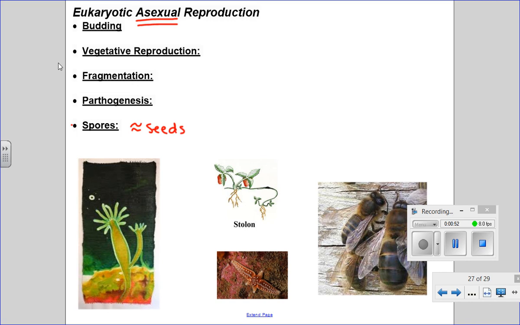But a spore is a small little structure that seems kind of like a seed. A spore contains genetic information in a membrane, and sometimes there's a cell wall around it. But it's a tiny little structure that has genetic information.